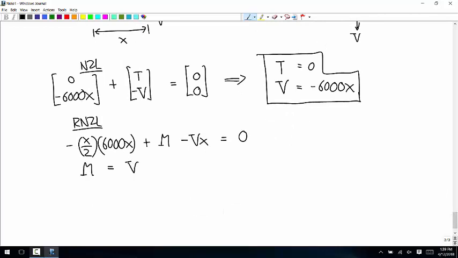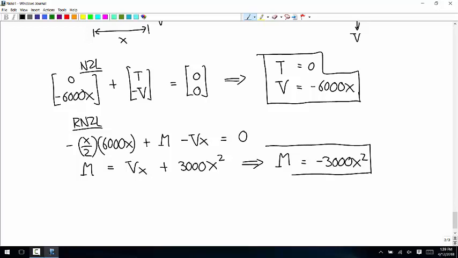So M is equal to Vx plus 3,000x squared. And so M is equal to negative 6,000x squared plus 3,000x squared, or negative 3,000x squared. dM/dx is equal to V. Negative dV/dx is equal to q, so those all work.